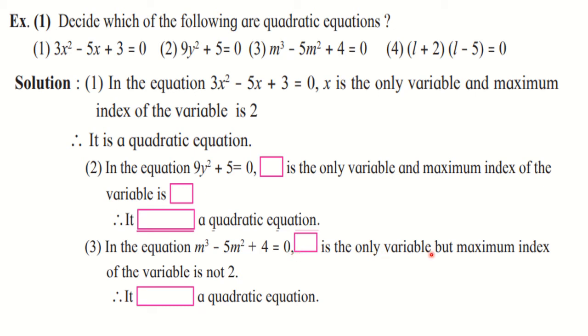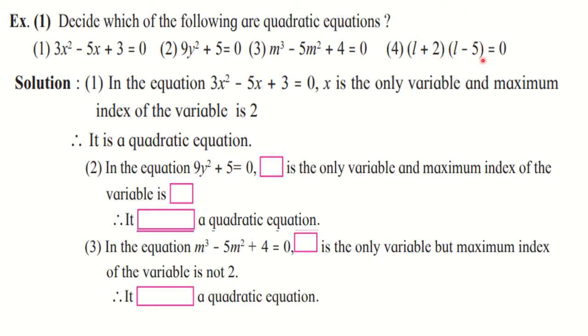M is the only variable, but the maximum index of the variable is not 2. It is 3 here. And therefore, two words will come here: is not. It is not a quadratic equation. Correct? So this way you can complete the activities. If you are sitting with the textbook and if you have not done it previously, please do it now, here and here only. Now, let us go towards the last question, which is a little bit different.